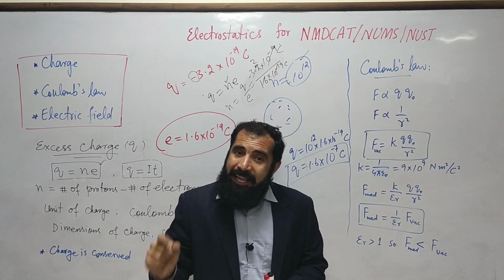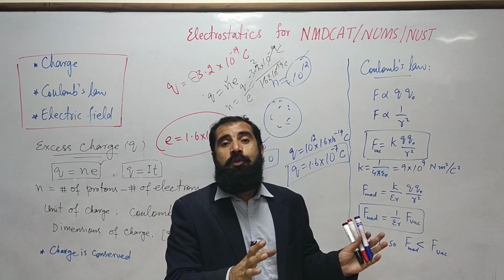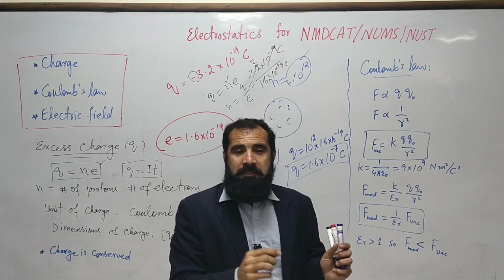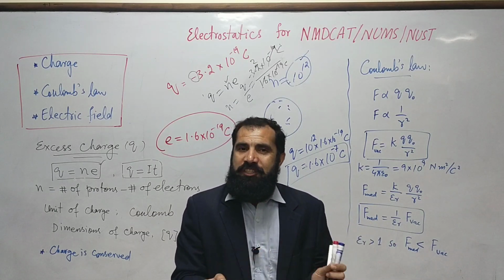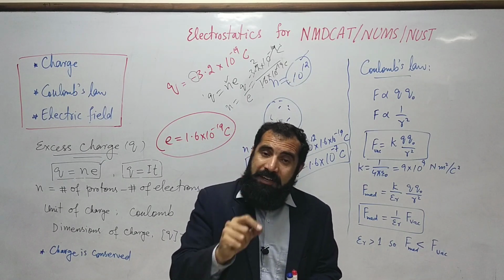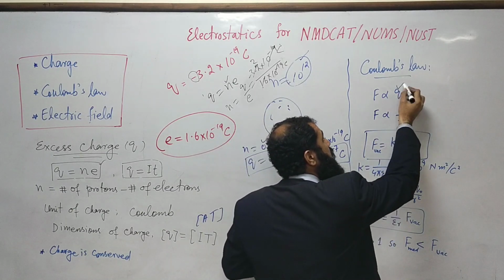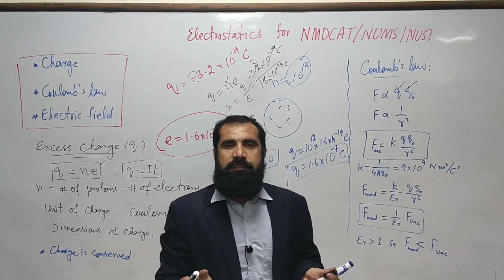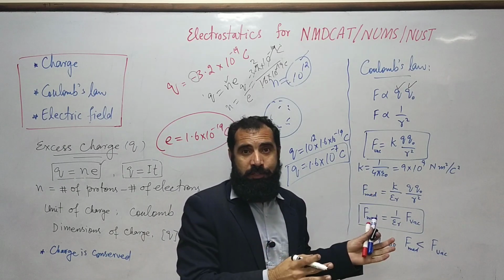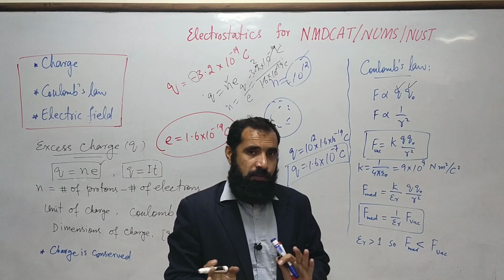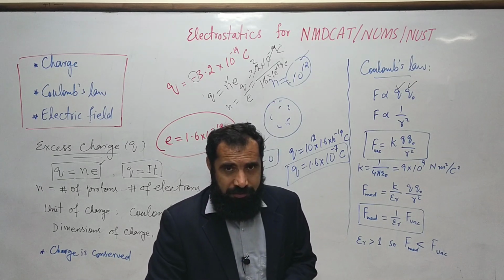Even if one is an electron and the other is a heavy nucleus of uranium with 92 protons, they exert same force on each other. The force between them depends upon the product of the charges. So it makes no difference if one is electron, the other is nucleus, or if one is 1 Coulomb, the other is 1000 Coulomb. They exert same force on each other.